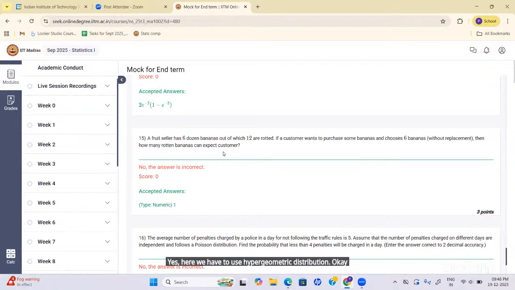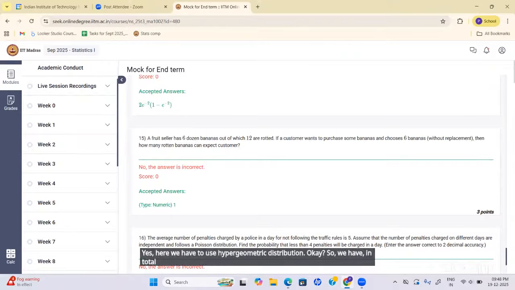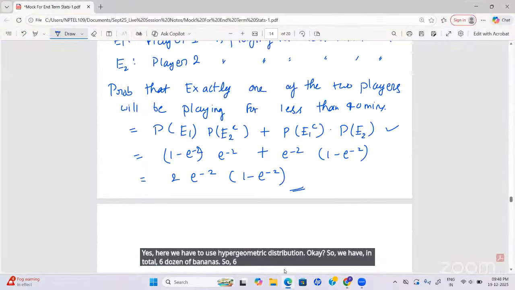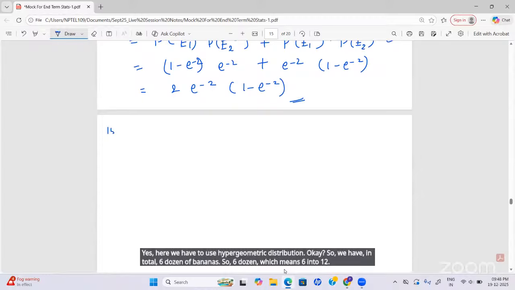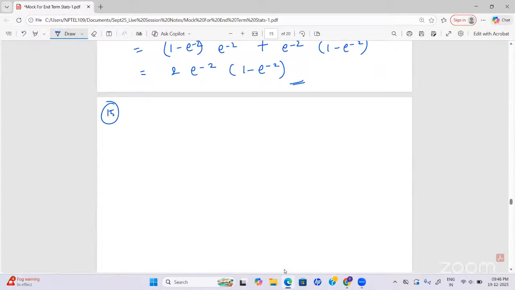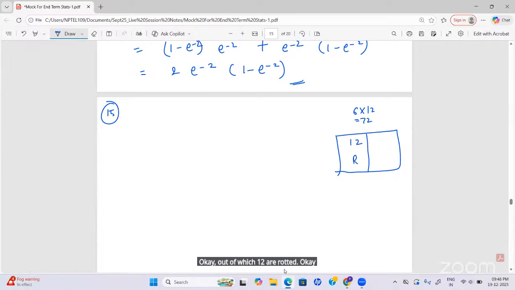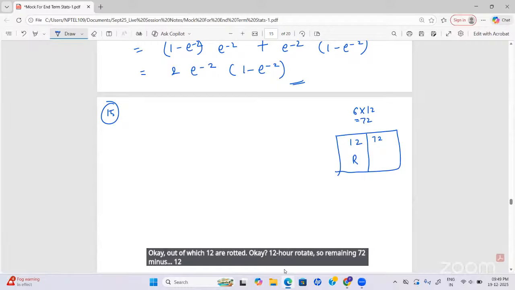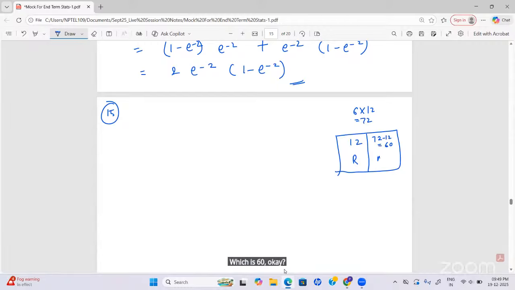Okay. So we have in total 6 dozen bananas, which means 6 into 12, which means 72 bananas in total, out of which 12 are rotted. So remaining 72 minus 12, which is 60, will be non-rotted bananas.